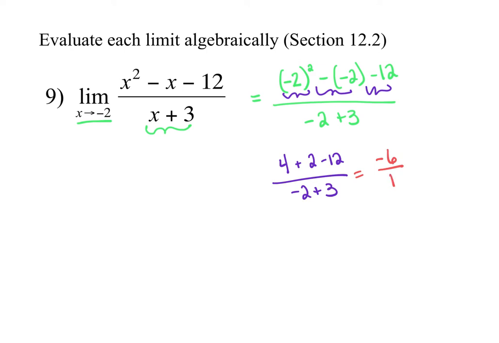Negative 2 plus 3 is positive 1, so I get negative 6 as my limit. That x approaching negative 2 did not cause an issue, so I can use direct substitution for this particular one. It did not cause a problem, so I can just substitute it in and use order of operations and solve.